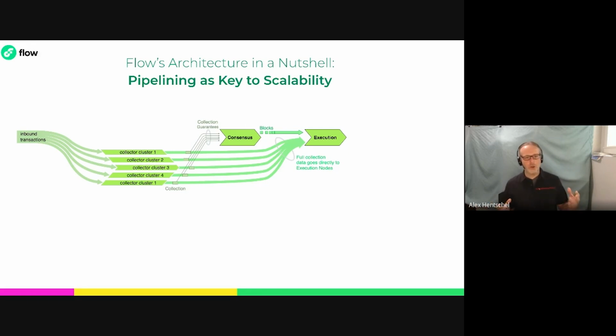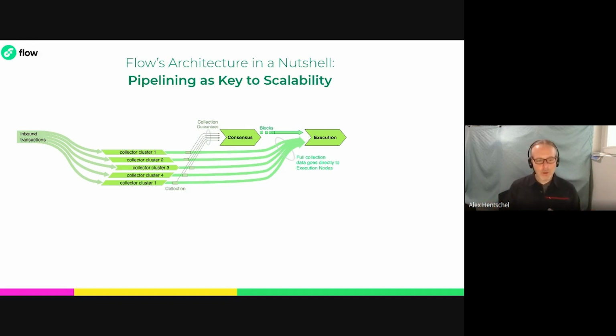So the consensus nodes essentially only have to deal with the assigned hash of a large batch, and the signature is there so that consensus nodes know who has created that batch and who has signed and promised to keep this batch available. In a nutshell, this works quite similarly to what Ethereum is now considering as data availability shards. Flow had that from 2019 baked in.